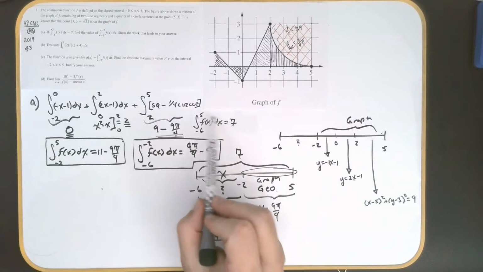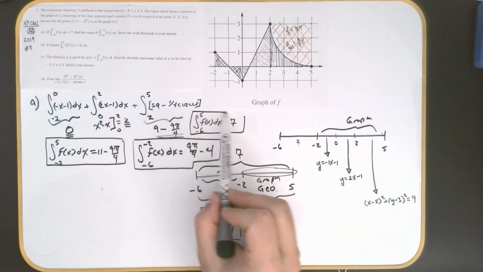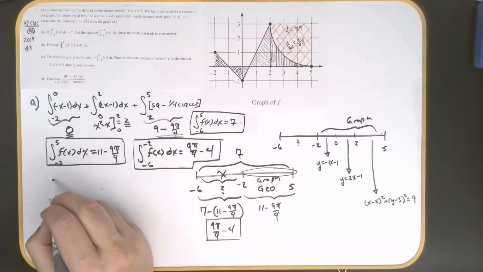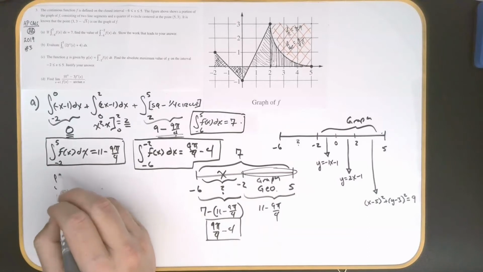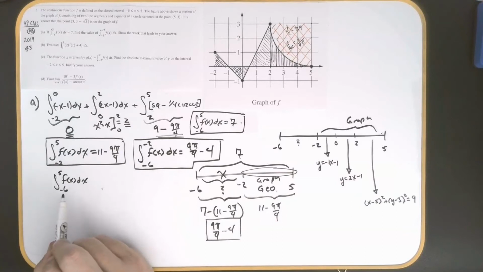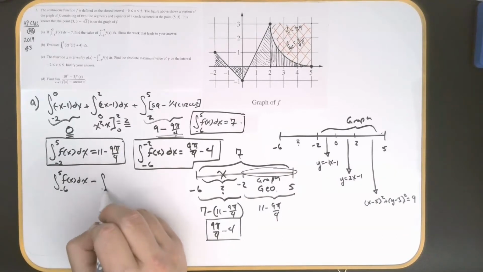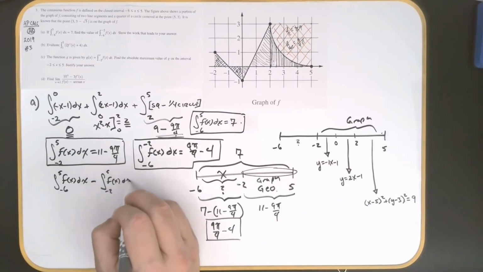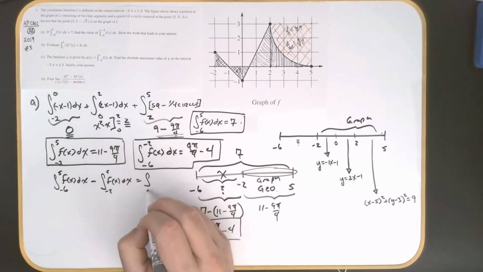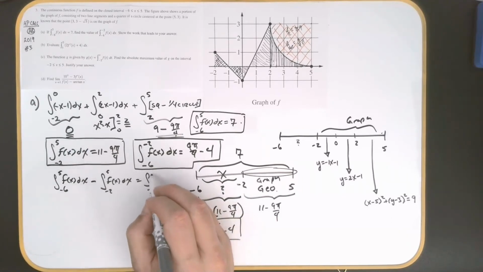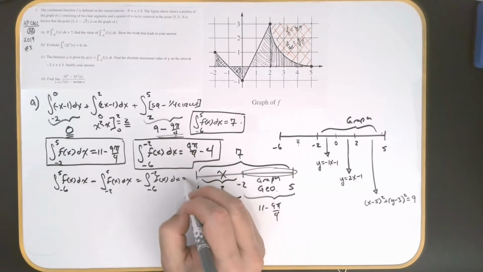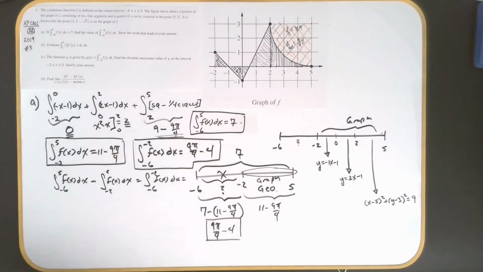And so what we did was we took this part, total, and we subtracted this part, and we got this part. So for our final statement, or not the final statement, but just if you wanted to communicate even more, you could say we took the integral of negative 6 to 5, subtracted off of there the integral from negative 2 to 5, and we got the integral from negative 6 to negative 2 dx, which was equal to this value right here.